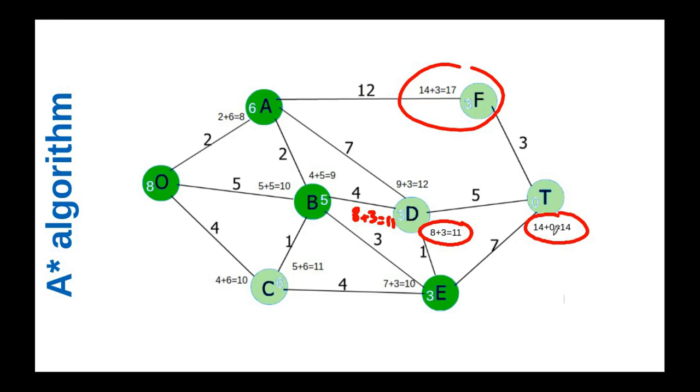Why this 14? This 14 comes from this 7 plus this 7. And in this case, 7 plus 1 leads us to this 8. And as you can see here, this 14 has an addition of 0 because the target has no heuristics value.